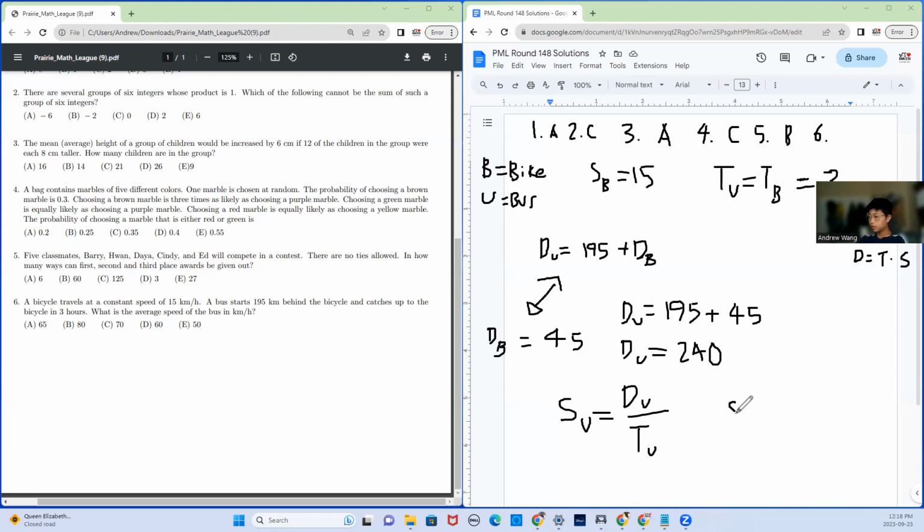So the speed of the bus is equal to the distance of the bus, 240, divided by the time of the bus, which is 3. So 240 divided by 3 equals 80. So the speed of the bus equals 80. So the answer to 6 is B, 80.